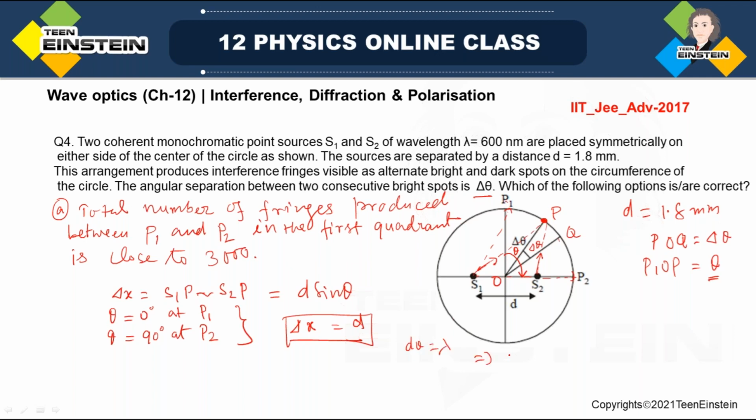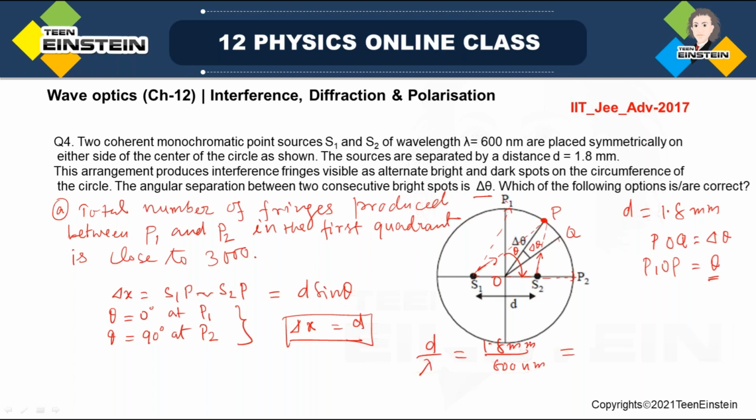So from here I can find out what is d by lambda. d by lambda, d is 1.8 millimeter, lambda is 600 nanometer.